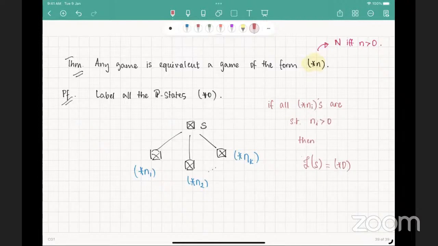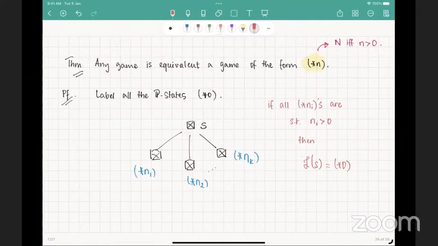And I want to argue that you actually really need a new label here. You cannot be the same as any one of the labels that has already been used on your children. And in particular, I want to say that let me use the smallest label that's available to me that's not already used on one of my children.